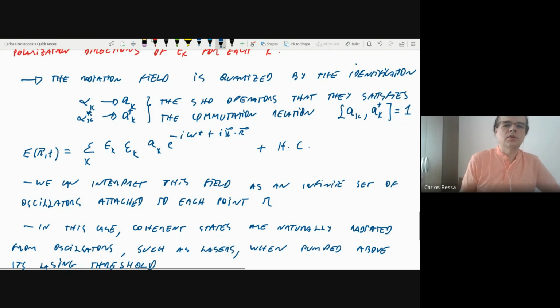So this is maybe the best definition for coherent states using this type of model.